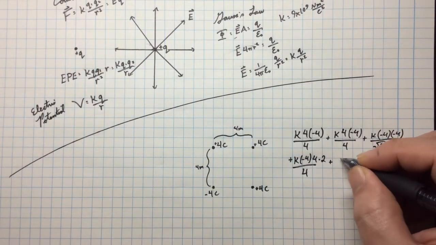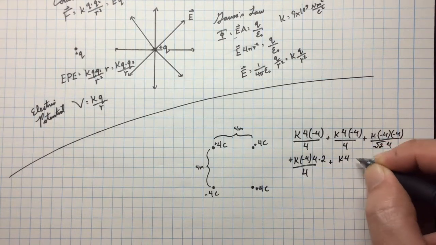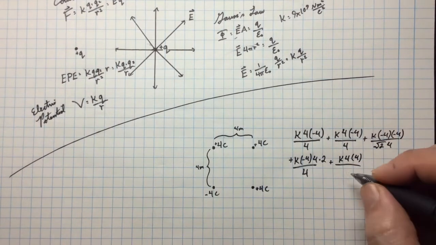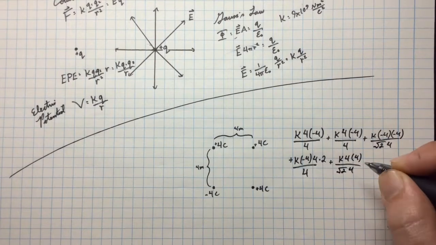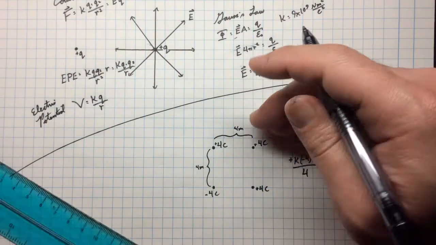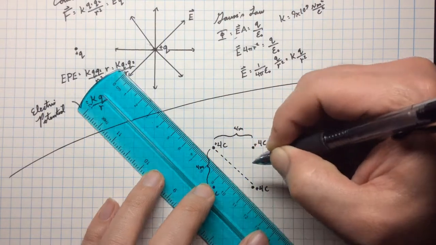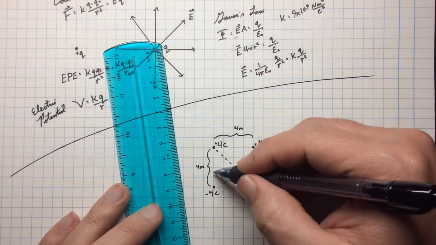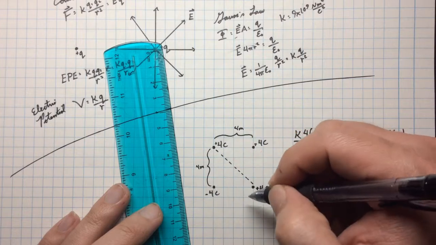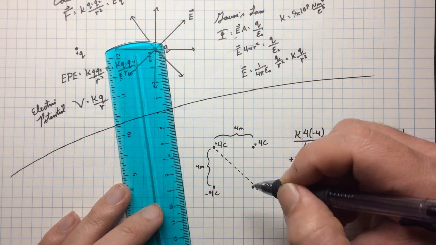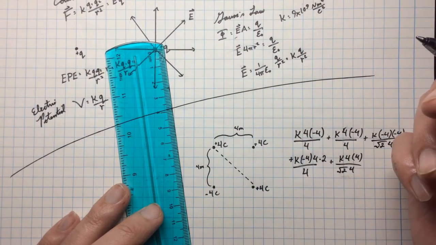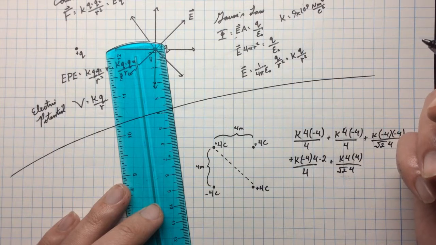So I got to add in some K, Q1, Q2 over the square root of 2 times 4. So this distance here, if we had a side 4 and a side 4, that's going to be 4 squared plus 4 squared, square rooted. So square root of 2 times 4 should work out.